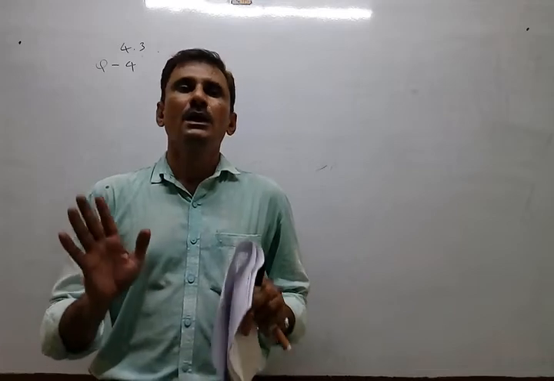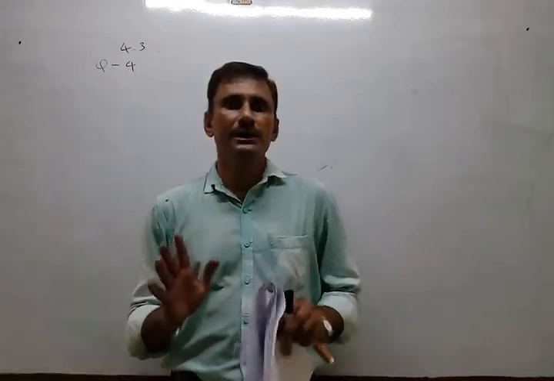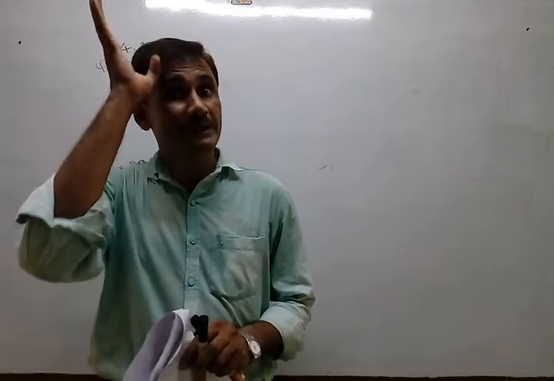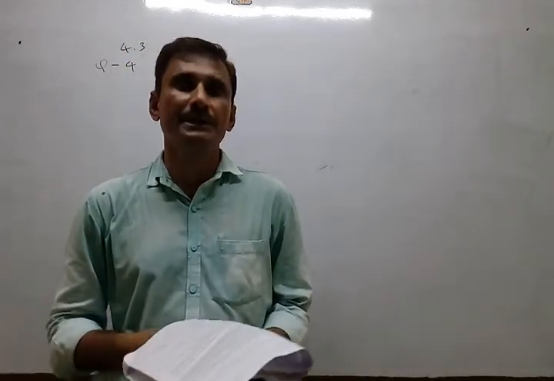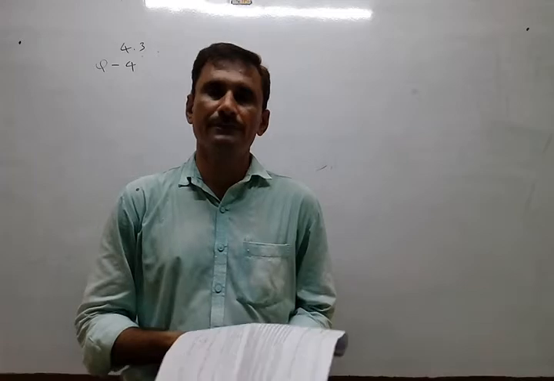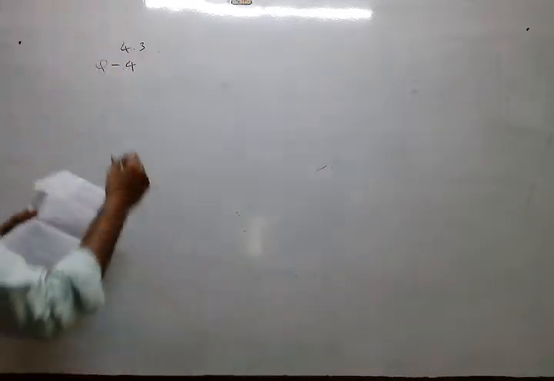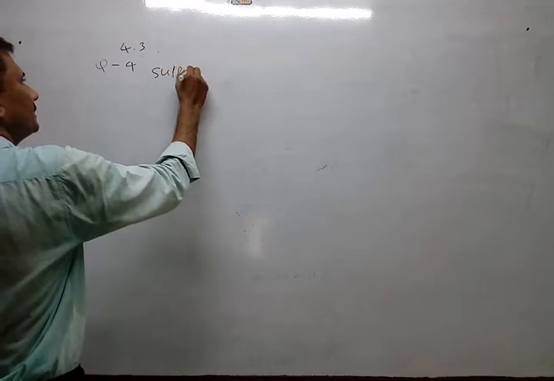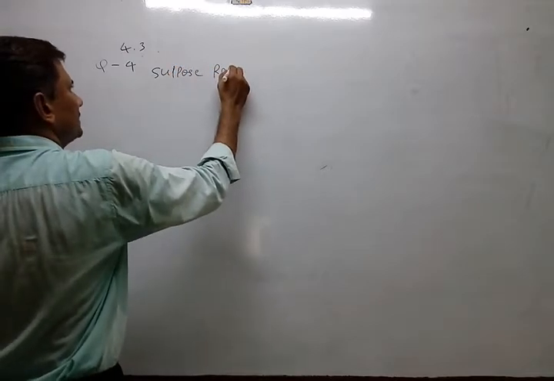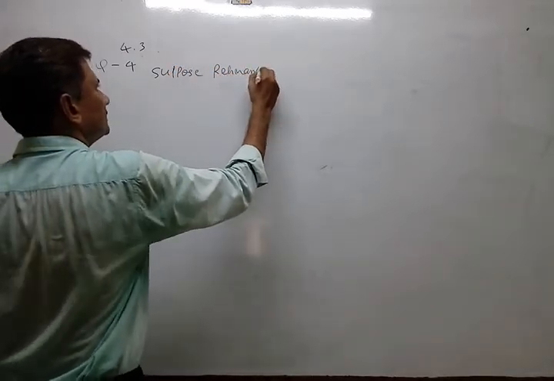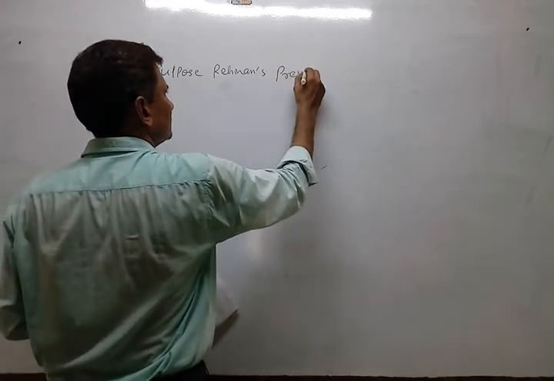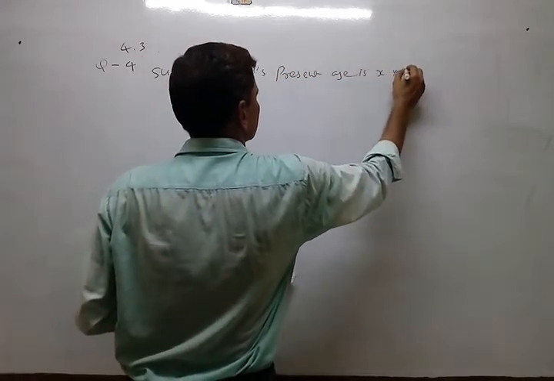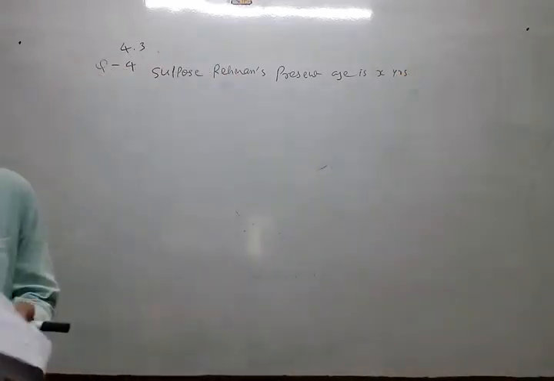And I told you, whenever it is an age related case, we have to suppose the present age only. Present age only. Okay. So now we suppose Rehman's present age. So suppose Rehman's present age is x years. Okay. Let it be x.